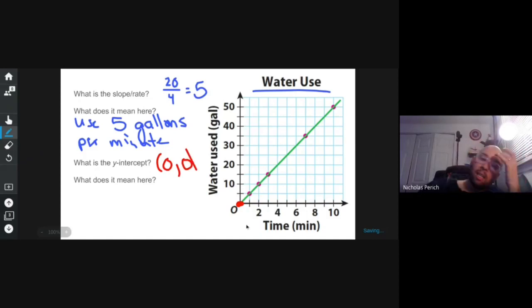What does that mean here? That means if my x value is 0, that means my time is 0. So anytime my time is 0, I'll say at the beginning, because my time is 0, which means I just start at the beginning.